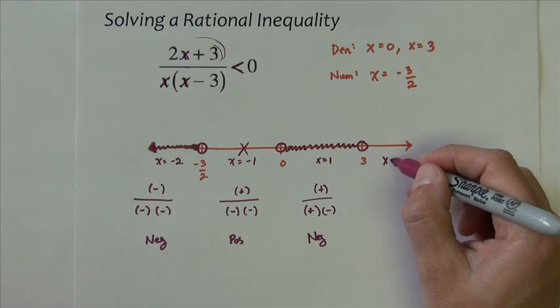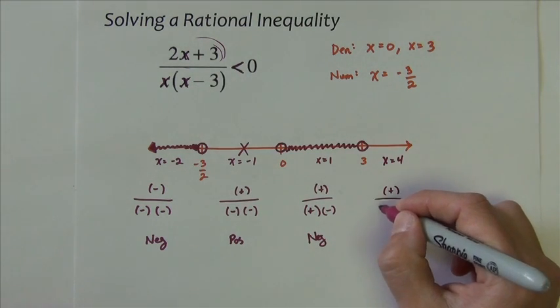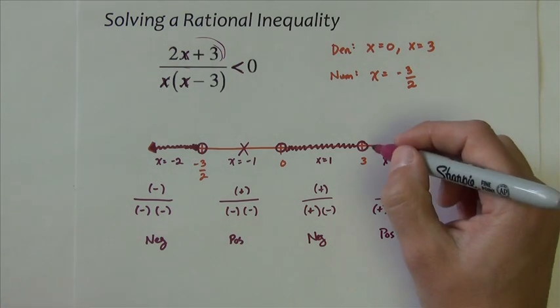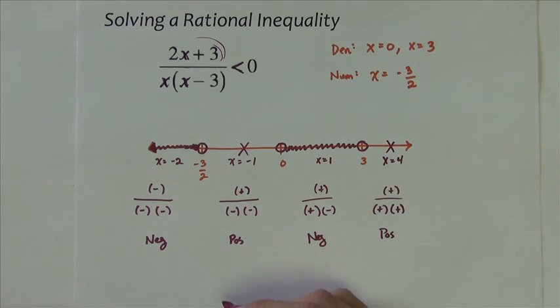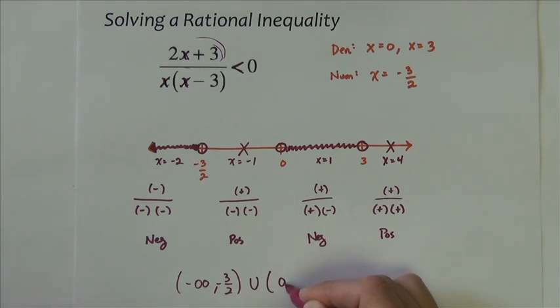And finally, I'm going to pick a number out here, like 4. I'm going to get positive, positive, positive, and all those positives result in a positive number, which is what we don't want. So my solution is negative infinity to negative 3/2 and 0 to 3.